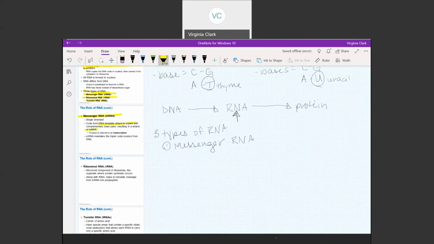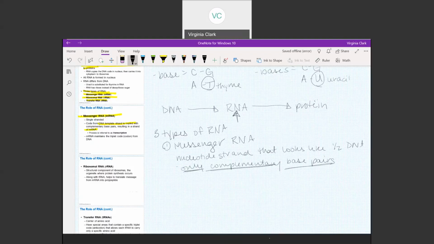It is going to be a long nucleotide strand that looks like half the DNA. The reason it looks like half the DNA is it will be only complementary base pairs. So it's only going to have one set of base pairs. It's not going to have the connected part.